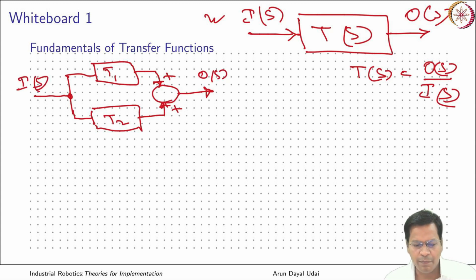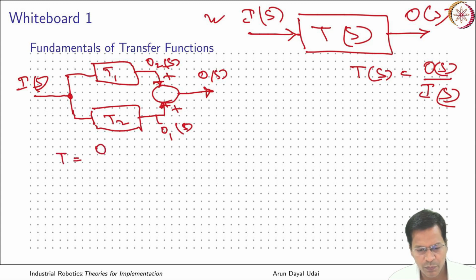This time you see there is a signal from each block. Let us say this is O1(S) and this is O2(S). So T1 will be equal to O1(S) by I(S), and similarly T2 will be equal to O2(S) by I(S).